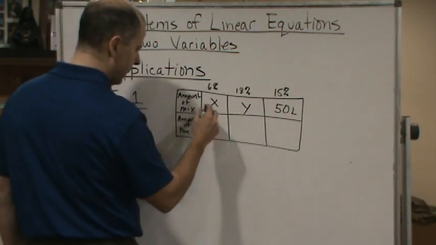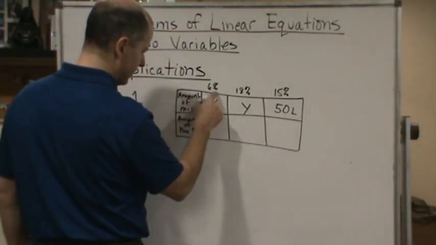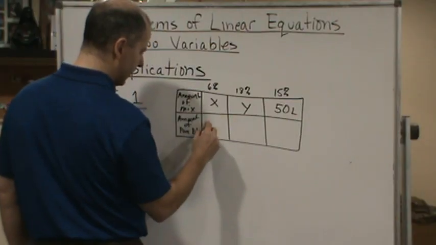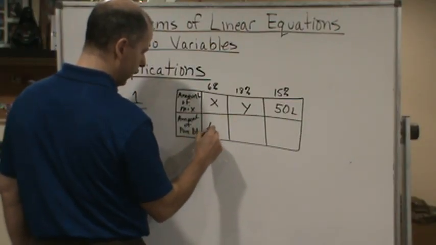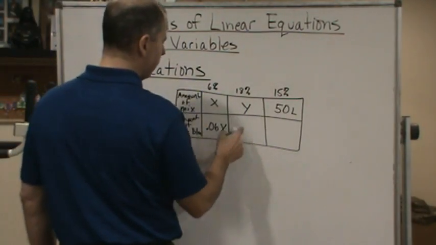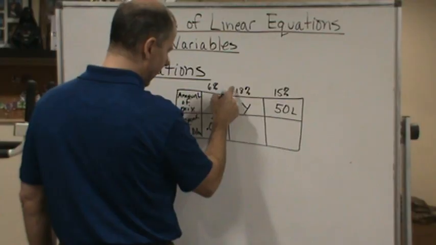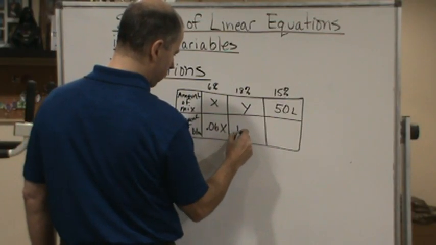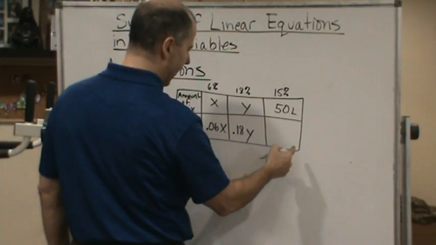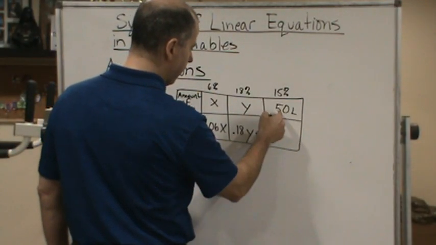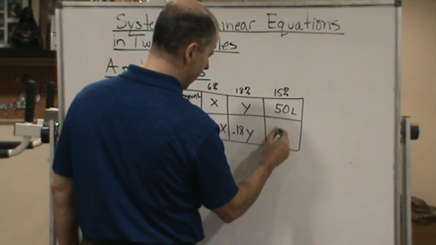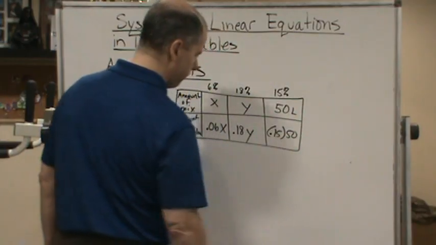So in other words, because this is a 6% solution, the amount of pure bleach in X liters is going to be 0.06X. The amount of bleach in Y liters of the 18% solution would be 0.18Y. And now that has to equal 15% of the 50 liters. So that's going to be 0.15 times 50.